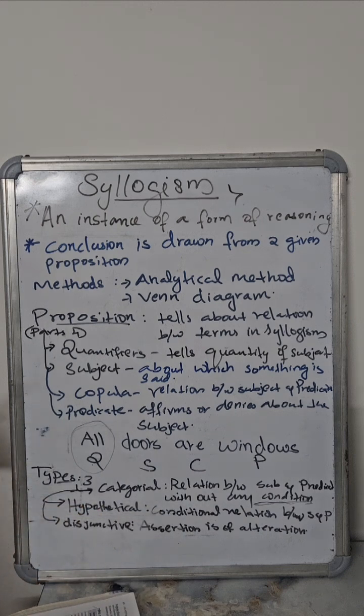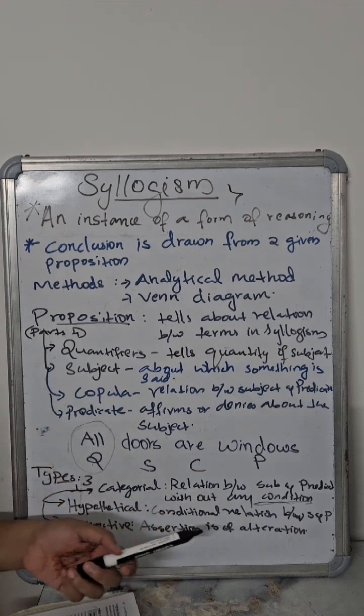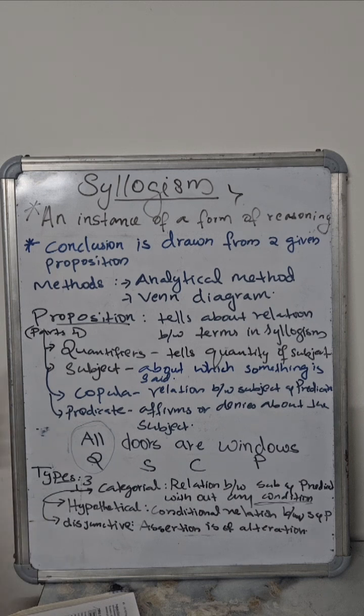It has a conditional relationship between the subject and the predicate. Then the disjunctive proposition, where the assertion is of alternation. For example, we can say either he is loyal or dishonest. Here the assertion in the proposition is of alternation.